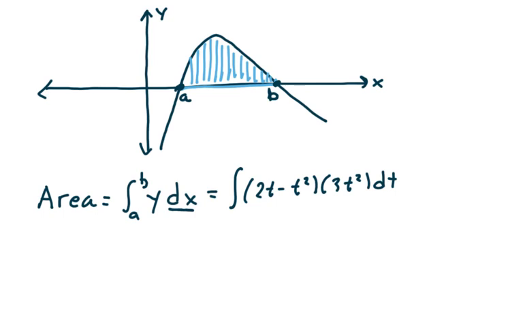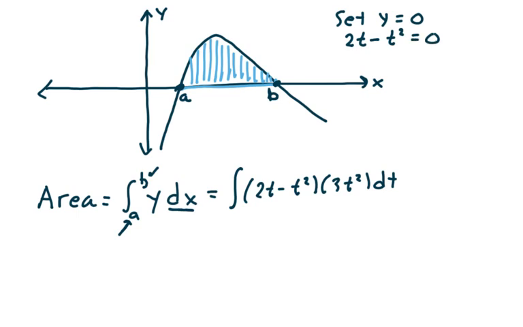Now, I need to figure out my limits in terms of t. Notice this limit and this limit over here are in terms of x. To find my limits in terms of t, I'm going to set y equal to 0 and solve for t. Because remember, y is 2t minus t squared.